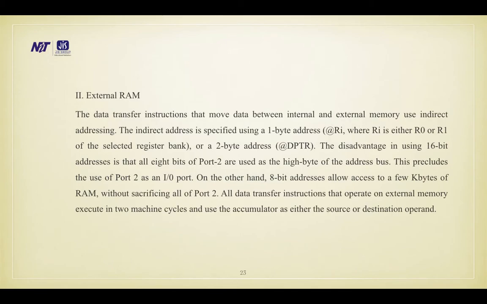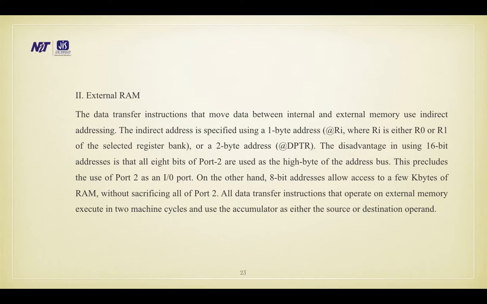External RAM. The data transfer instructions that move data between internal and external memory use indirect addressing. The indirect address is specified by a 1-byte address @Ri, where Ri is either R0 or R1 of the selected register bank, or a 2-byte address @DPTR. The disadvantage in using 16-bit addresses is that all 8 bits of port 2 are used as the high byte of the address bus.